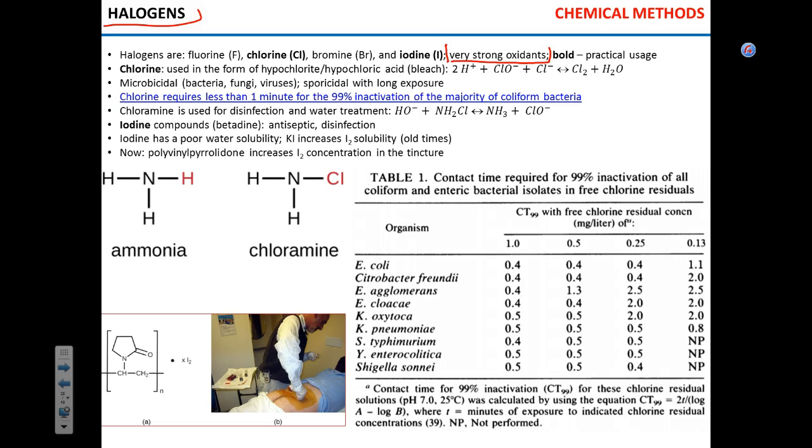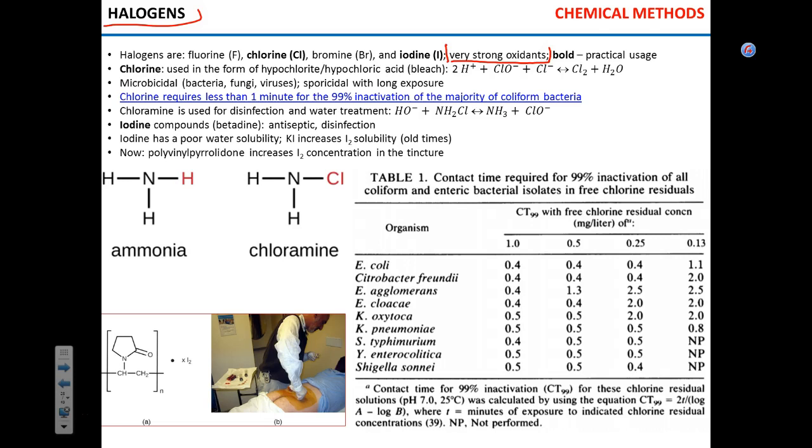Nobody uses fluorine since it's extremely reactive. If you mix fluorine with hydrogen, for instance, it explodes, just explodes. Just you mix them and they just explode. So fluorine is not really usable for anything like this.